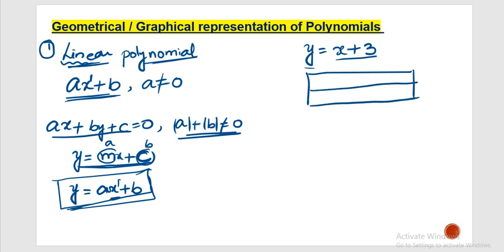I take the values of x and directly get the values of y. If I substitute x is equal to 0, I get the value of y as 3. The same way if I substitute x is equal to 1, I get the value of y as 4.